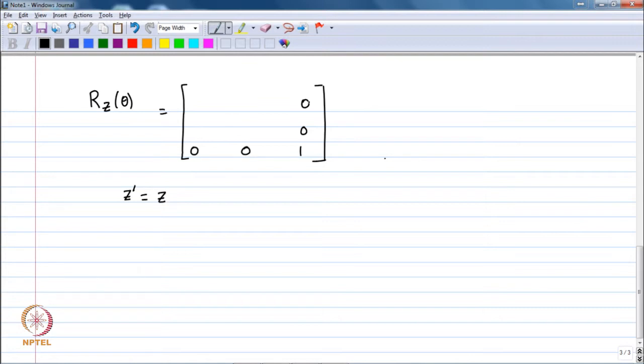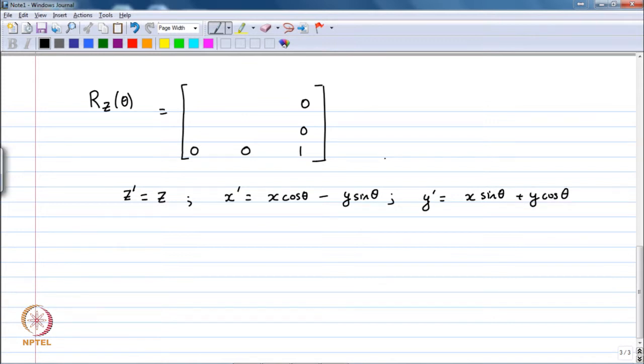Z prime has to be equal to z, and x prime equals x cosine theta minus y sin theta, and y prime equals x sin theta plus y cos theta.